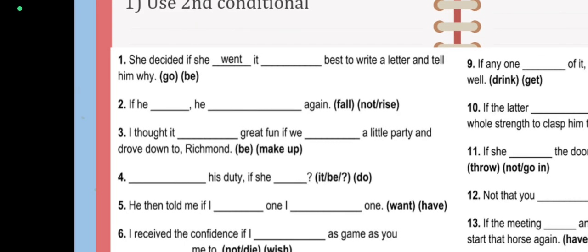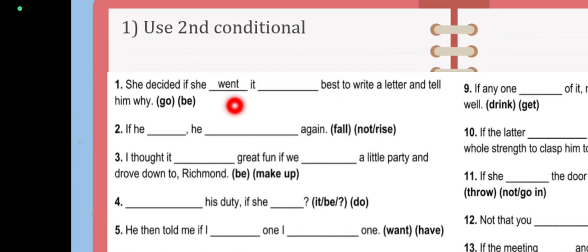Okay, first let me explain. Here we have some blanks, and you will need to be sure if you have the conditional clause or the result clause. Remember, with the conditional clause, we use simple past. So, if she went, and it will be correct. But with the result clause, we use would plus the verb in basic form.